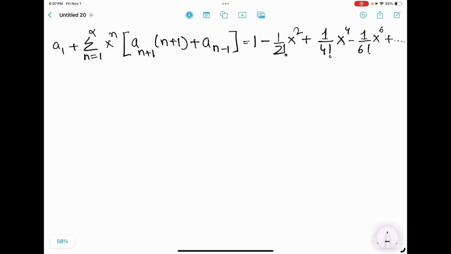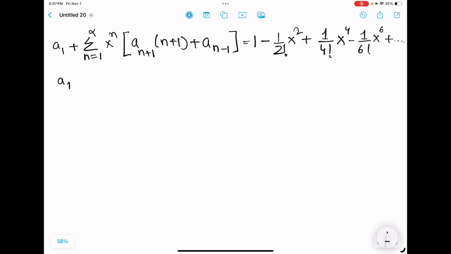Okay. So now our fifth step was to find the coefficients for our a's, right? So to be able to do that, the first thing we're going to do is look at our first term. We have at our left a sub 1, and I can see that my a sub 1 is a constant. There's no x attached to it, right?